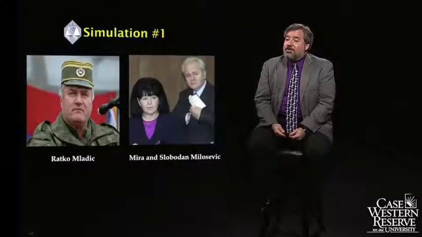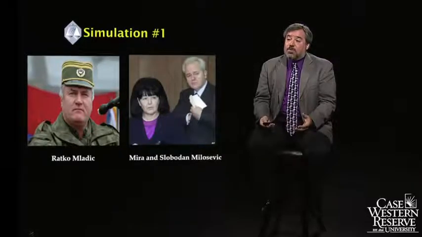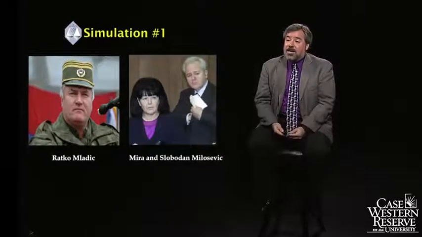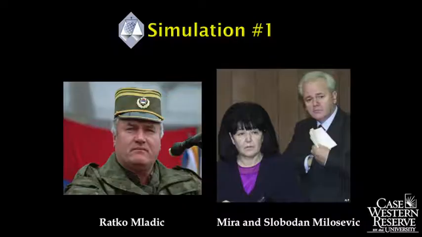So, to remind you of the facts of the simulation, we have two major indicted war criminals that have been brought to The Hague. One is Ratko Mladic. He was the Bosnian Serb general who used to be a regular Serb general, and he was responsible for the atrocities at Srebrenica. The other is fictional, and that is the wife of Slobodan Milosevic. Now, Mira Milosevic really exists as a real person, and Slobodan Milosevic was indicted and prosecuted at The Hague, but he died before his trial could be completed.